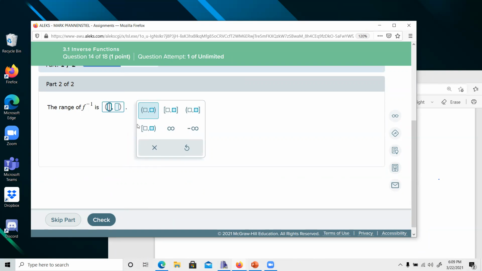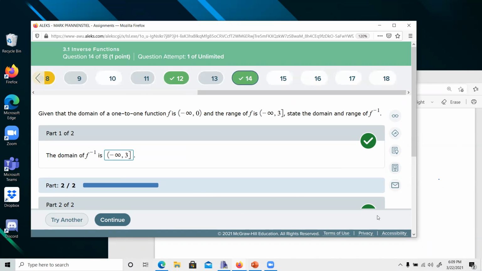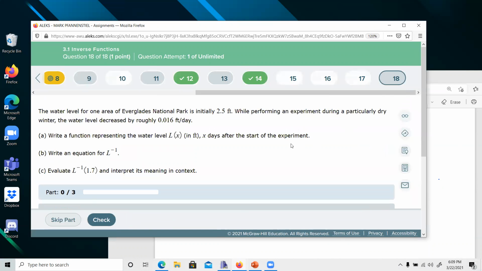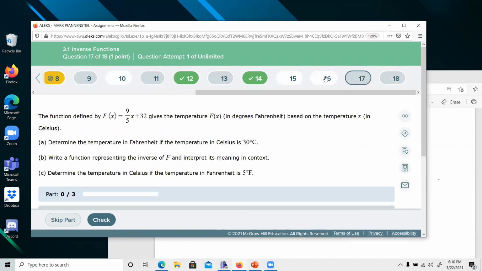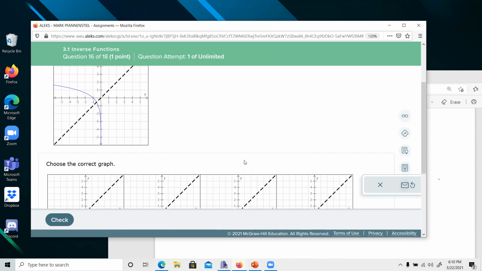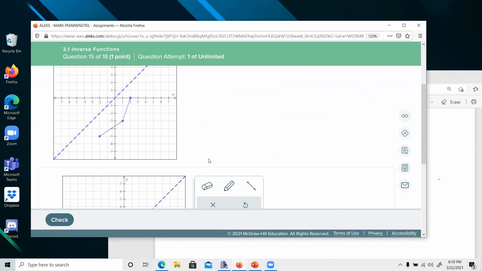Checking, good. I'd say only 18 problems, but at the same time, I realized, oh my, there's 18 problems. They did not. Okay.